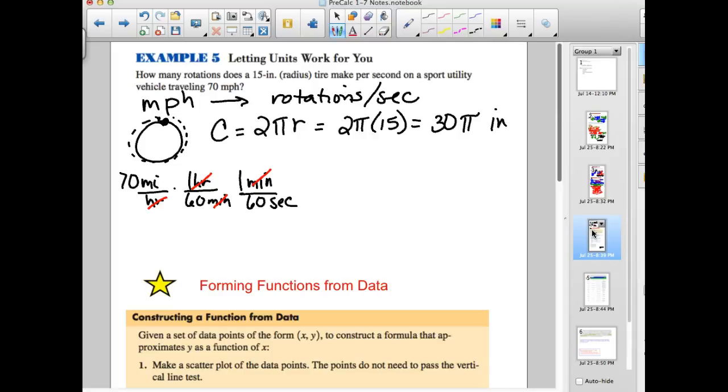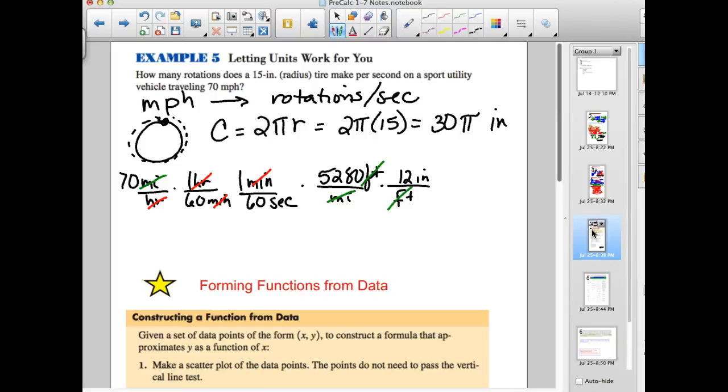How do we convert miles into rotations? We can start out converting to feet: 5,280 feet per mile. So miles is gone. How do we convert feet into inches? 12 inches in every foot.